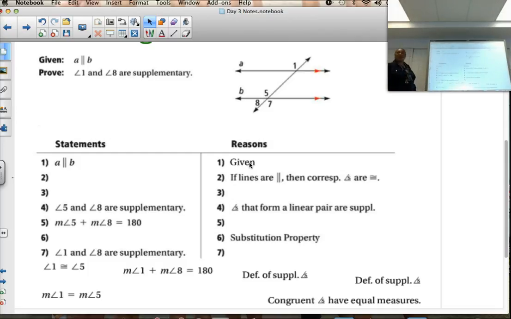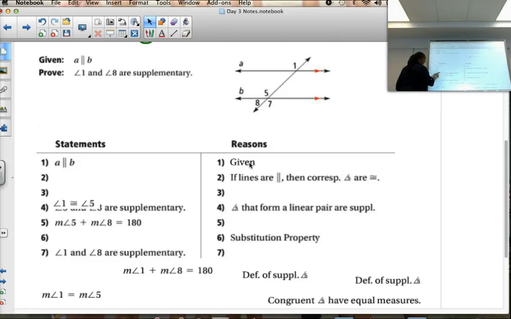Now we just talked about angle pair relationships. If lines are parallel, then corresponding angles are congruent. They're telling us that we have a pair of parallel lines, which in this picture up here are a pair of corresponding angles, 1 and 5.